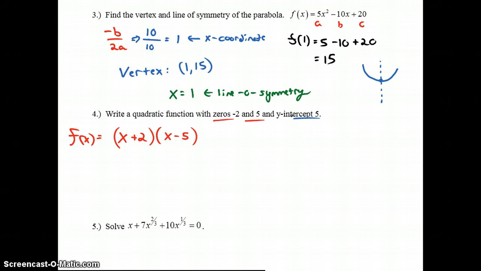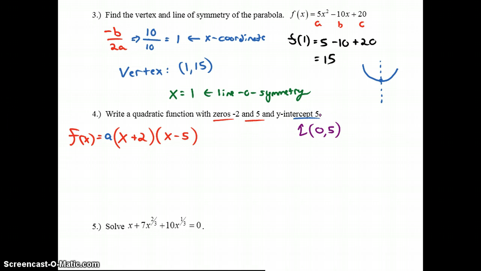The answer right now is probably not, because we need to stretch this function to have a y-intercept at 5. So we'll put some sort of multiple a on the outside, so it'll stretch out the whole function. If the y-intercept is at 5, that's going to be the point (0, 5).